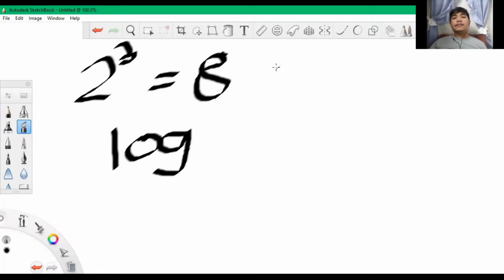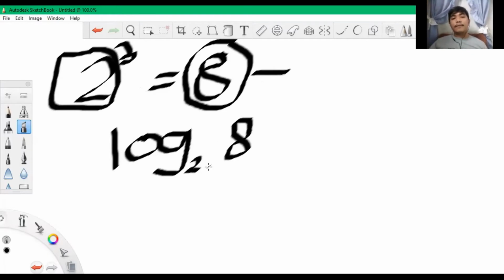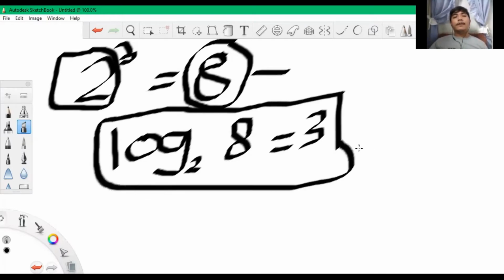So, dito po sa ating exponential form example, the answer is equivalent to 8. So, we will write 8. And the subscript of logarithm should be the base. And in this example, the base is equal to 2. So, we have the logarithm of 8 to the base 2 is equal to the exponent. In this example, our exponent is equivalent to 3. So we have the logarithm of 8 to the base 2 is equal to 3. So this is the logarithmic form of our example.